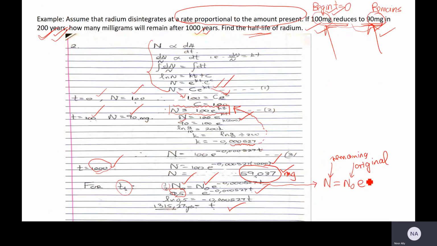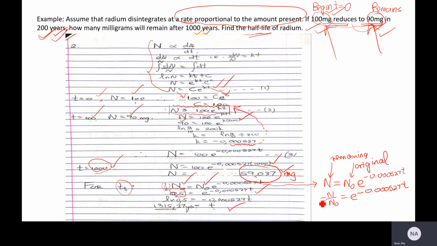e to the power, but now we know exactly what the value of k is. Negative 0.0000527 t. I'm going to divide by the original, so I get the amount remaining over the original is e to the negative 0.0000527 t.